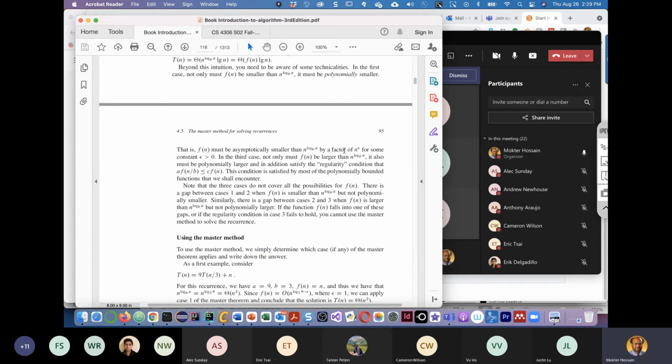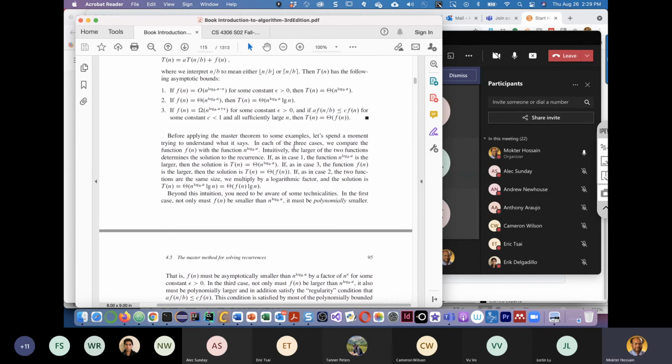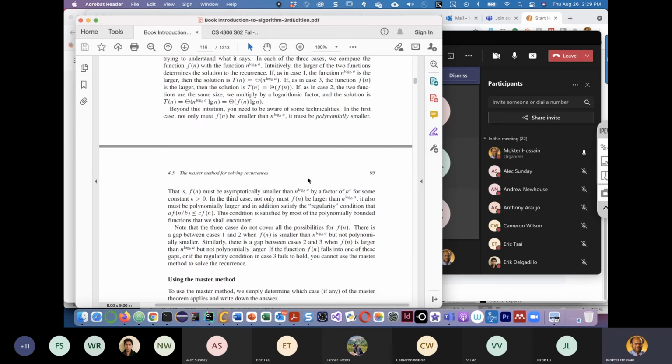By the factor, that means multiplied by the factor n to the power epsilon. If we multiply this by this, then we will get the power of this plus epsilon.